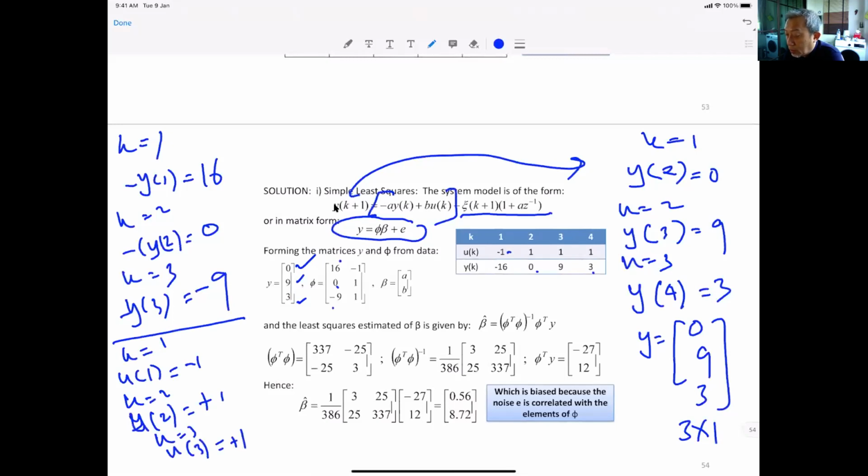So minus 1, 1, 1 inserted inside the column. Then beta is the estimated parameters of the transfer function.